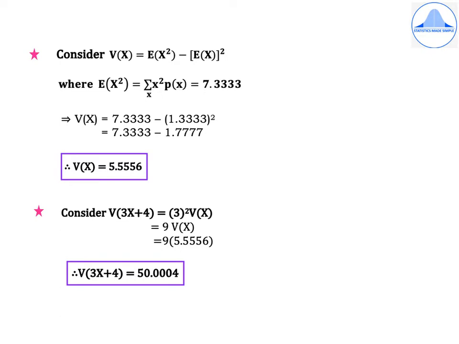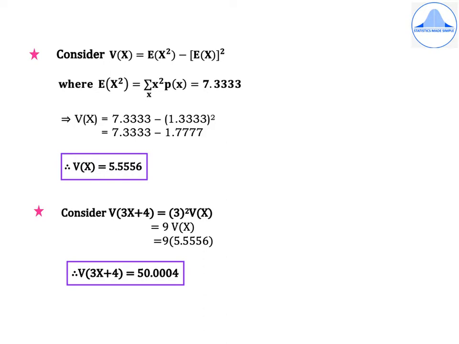So which implies variance of x is equal to 7.3333 minus 1.33 the whole square, which gives 7.3333 minus 1.77, and on simplification we get variance of x is equal to 5.556. But the question is to find out variance of 3x plus 4.